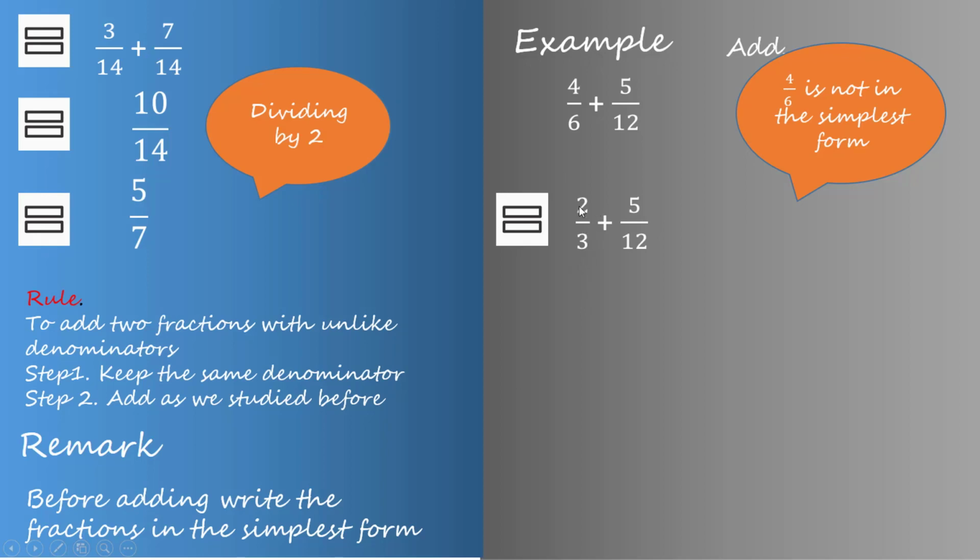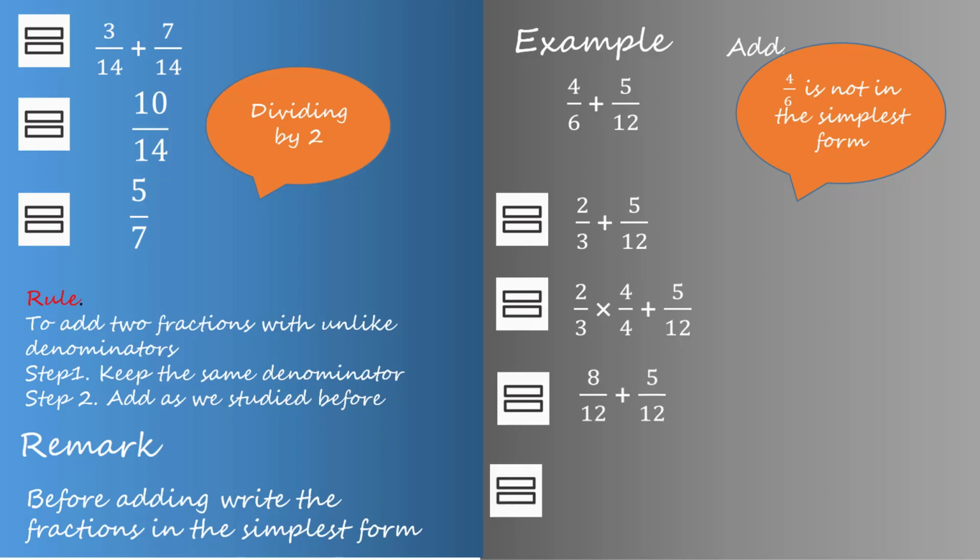And we can find the equivalent fraction of 2 over 3 by multiplying by 4 to make the denominator 12. So it will be 2 over 3 times 4 over 4 plus 5 over 12. So it will be 8 over 12 plus 5 over 12. So it will be 13 over 12. 13 over 12 is not in the simplest form. We can write it as a mixed number. So it will be 1 and 1 over 12.